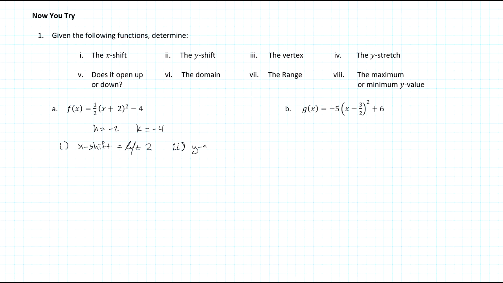The y shift is going to be down 4 units because k is -4. So we then can know right away that the vertex is the point -2, -4.